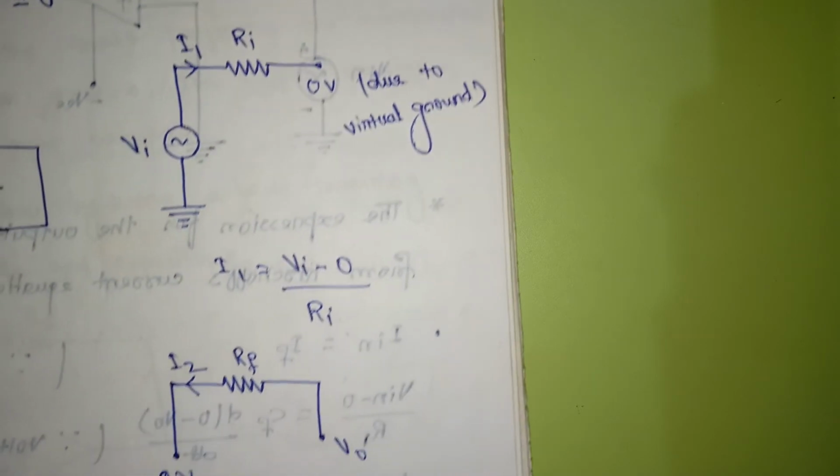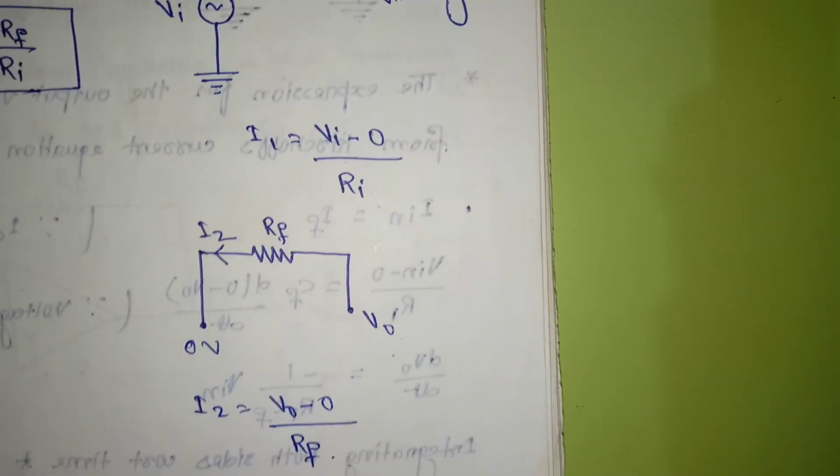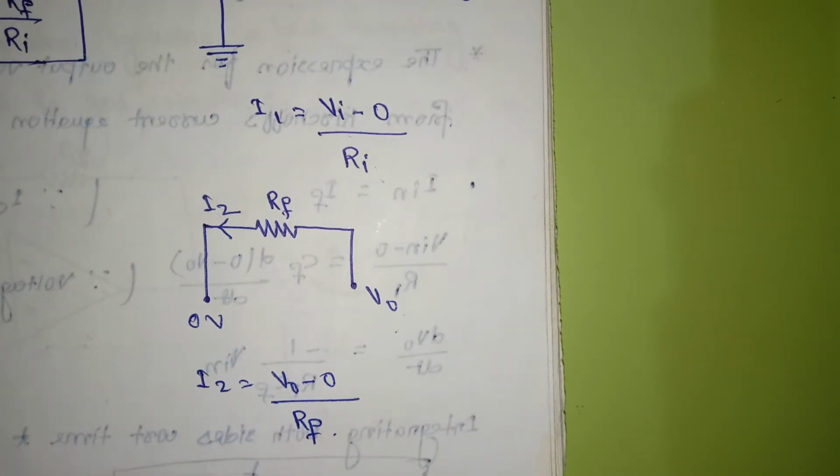Similarly, for the feedback resistance, I2 is equal to V0 minus 0 by Rf.